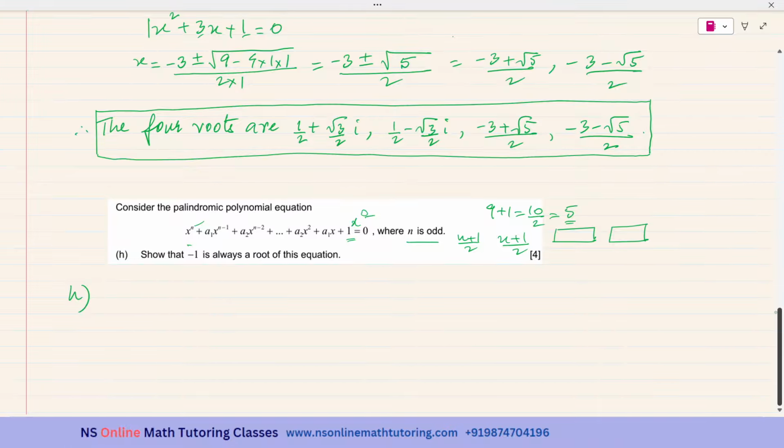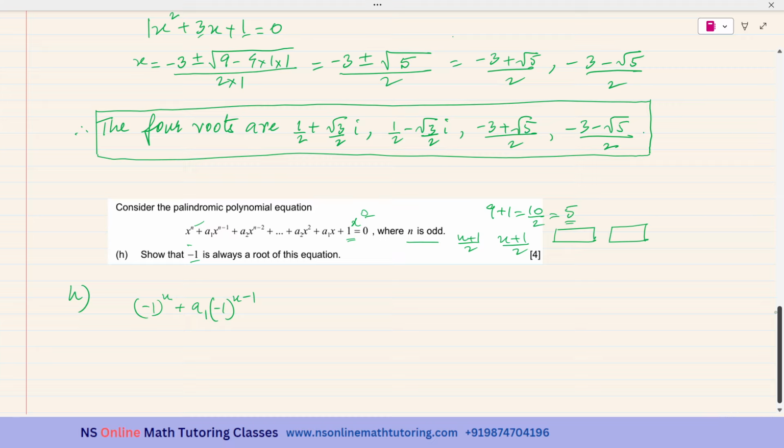So now let us see what happens when x is equal to negative 1. Negative 1 raised to the power of n. n is an odd number, so negative 1 raised to some odd number will be negative 1, plus a1 times negative 1 raised to the power of n minus 1.